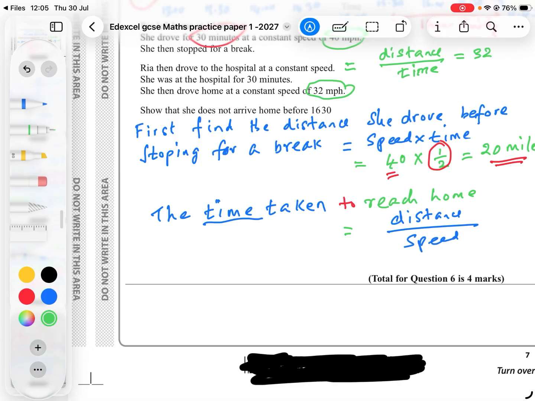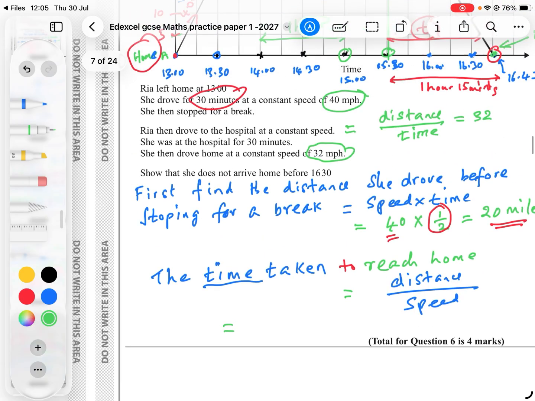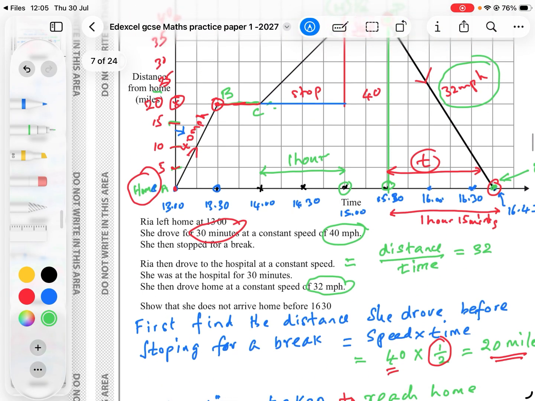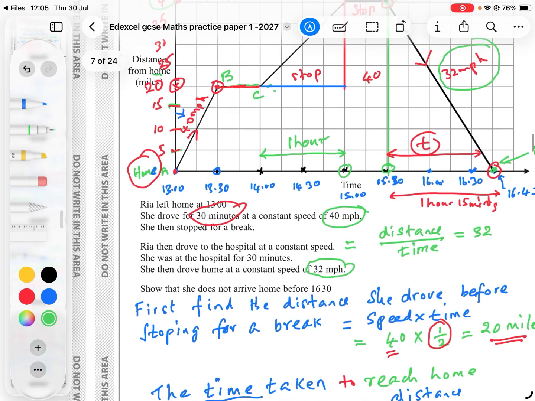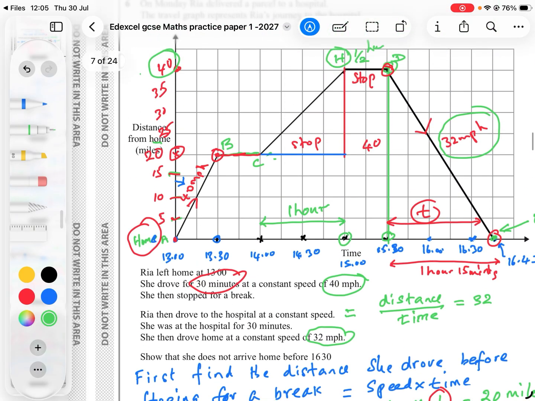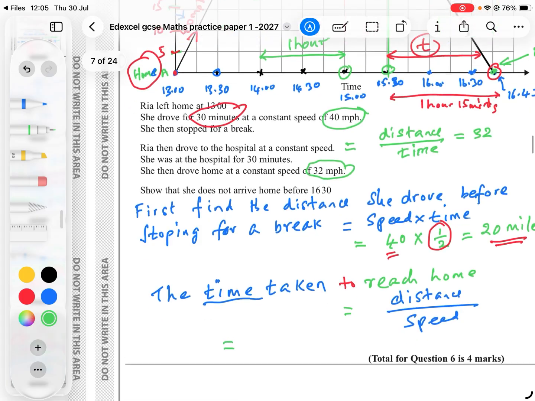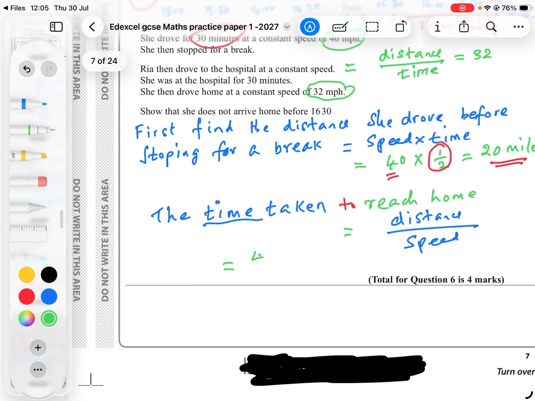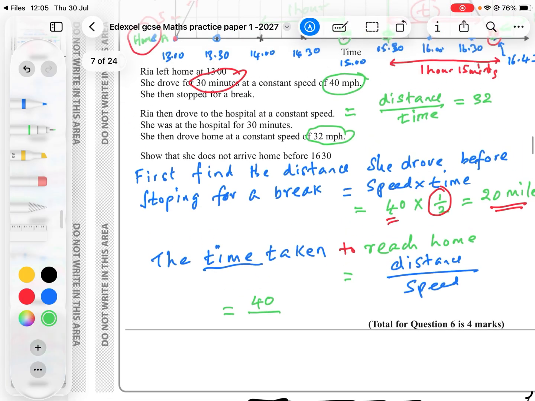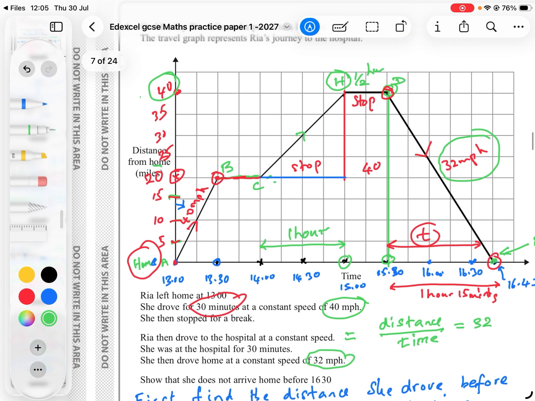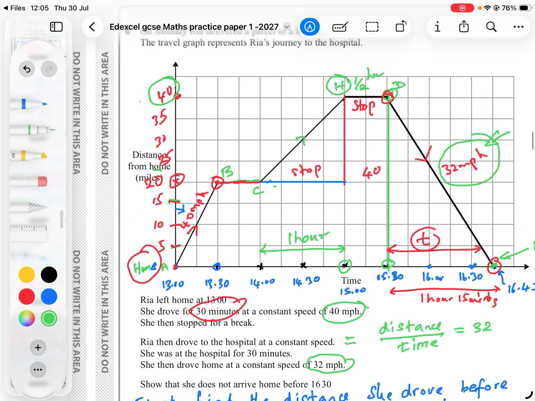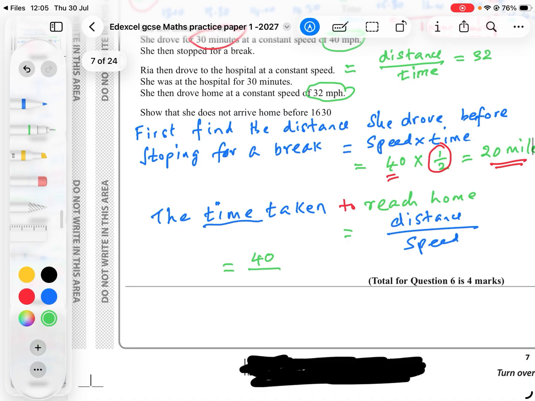So we can find the time. Distance from hospital to home we already worked out: 40 miles. So 40 divided by speed. She traveled back at a constant speed of 32 miles per hour, so you can put 32.